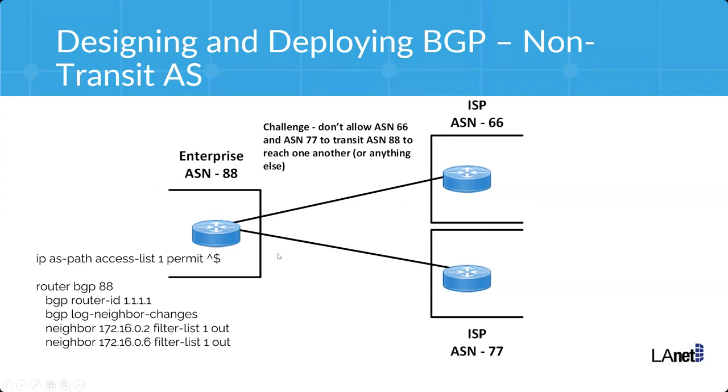Regardless of what happens, what you don't want is them talking through your ASN. You do not want ISP 66 to think that they can reach ISP 77 through ASN 88, which is your ASN. This is called transit AS, and you do not want to be a transit AS.